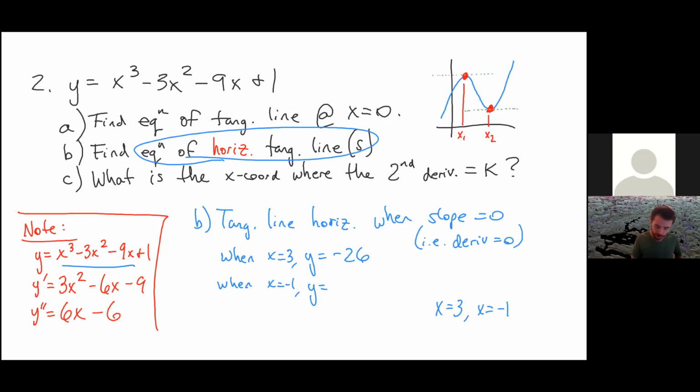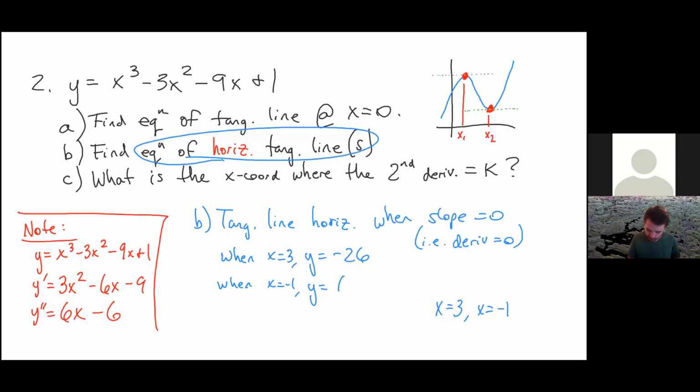Then if I plug negative 1 into this equation, I get something. Give me a second here. Is that right? 6, I think. I think I got 6. Not entirely positive.